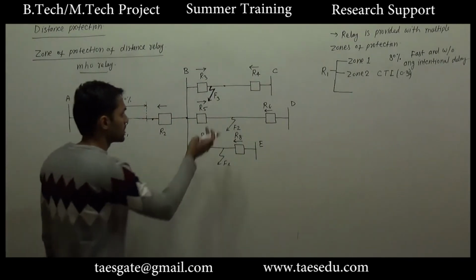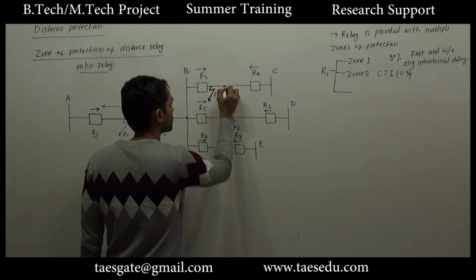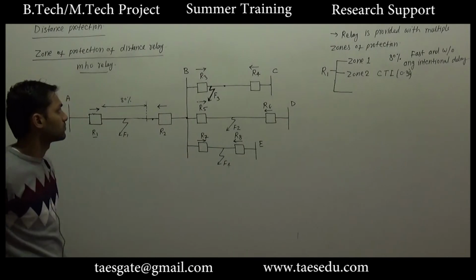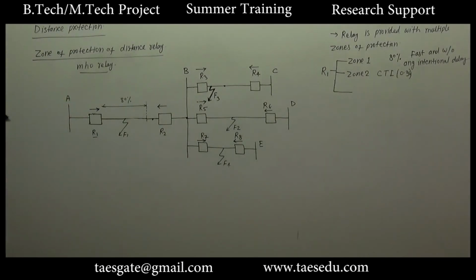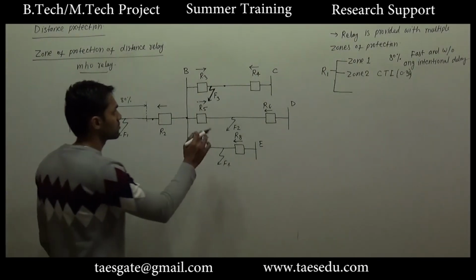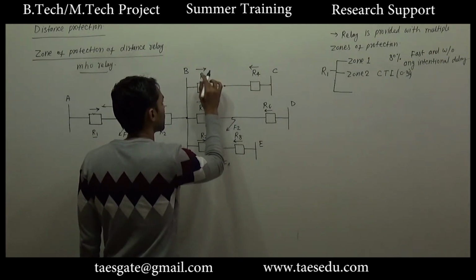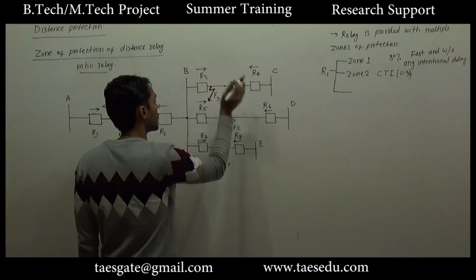Now again consider this fault F3. If R3 fails to protect, if a fault is near bus P and R3 fails to protect, there should be a backup protection.